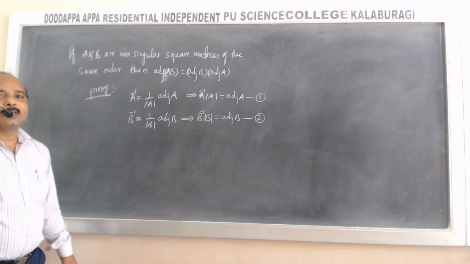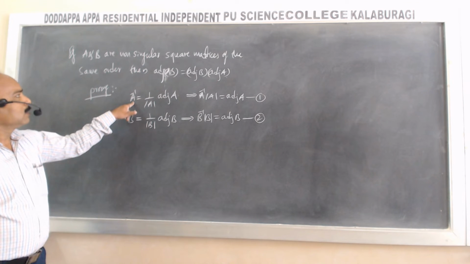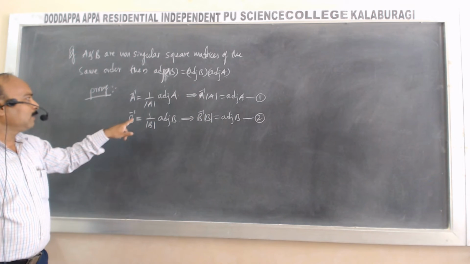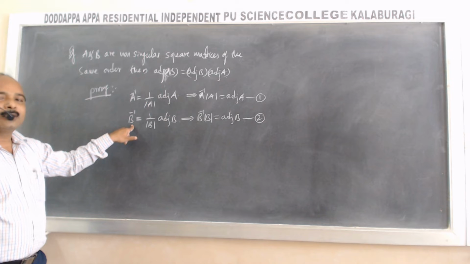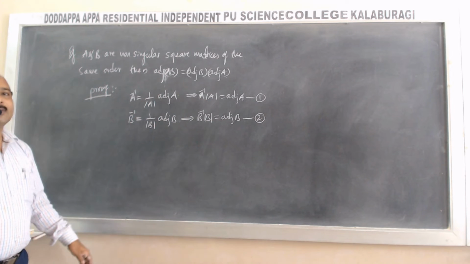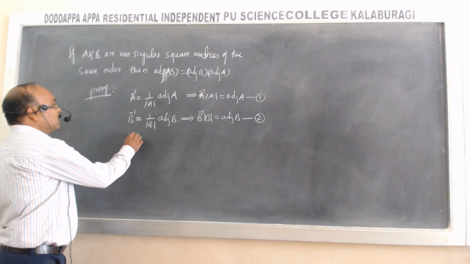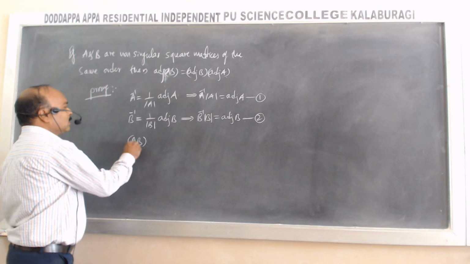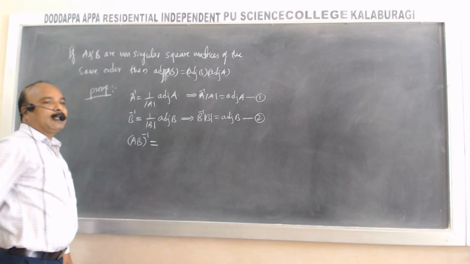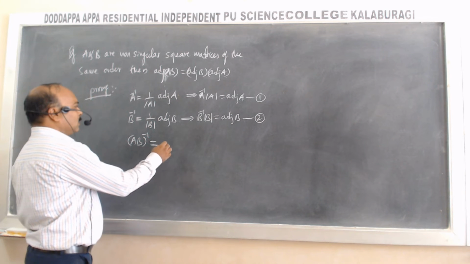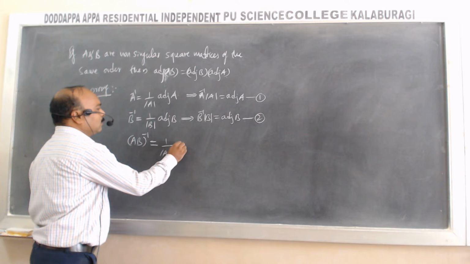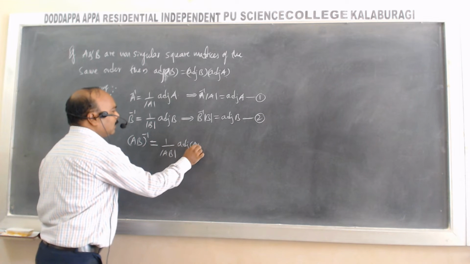Now by definition of the inverse of the square matrix A, we get A inverse equal to 1 by determinant of A into adjoint of A. Similarly, by definition for matrix B, we get B inverse equal to 1 by determinant of B into adjoint of B. Similarly, if we replace A by AB, we get AB inverse equal to 1 by determinant of AB into adjoint of AB.